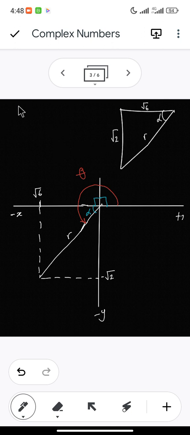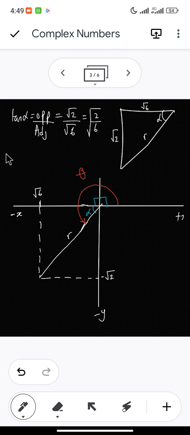Applying SOHCAHTOA also, we have tan alpha is equal to opposite over adjacent. And the opposite is the side the angle is facing. So this is going to be the square root of 2 over the square root of 6. Solving this, we have square root of 2 over 6.